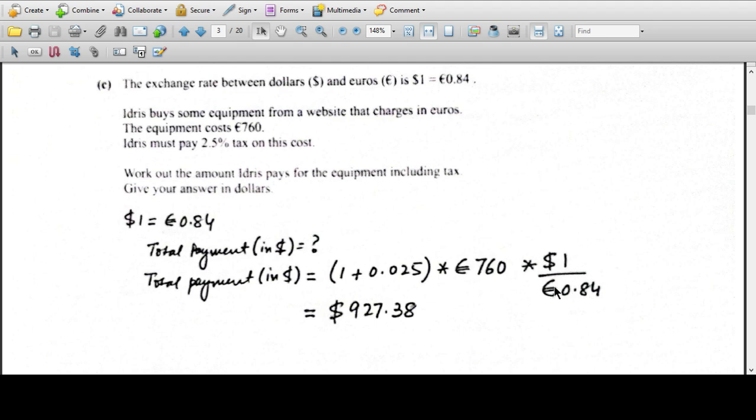This euro will cancel with this euro term, and we will get the answer in dollars, which is required. So on simplification of these figures, we will get $927.38. So this part C, he buys the equipment including tax, in dollars is $927.38.